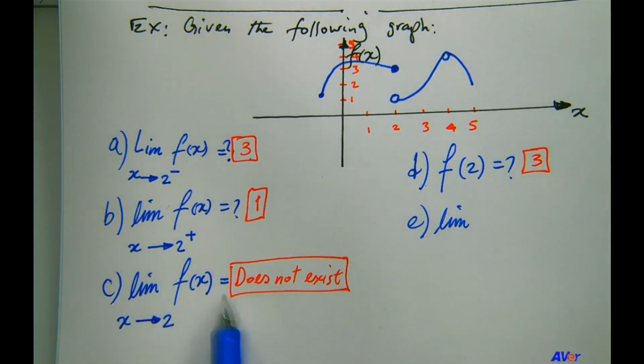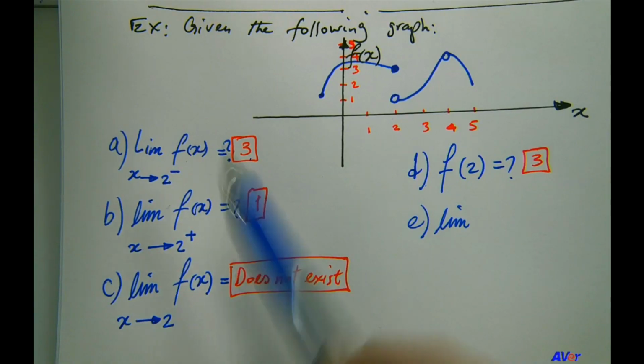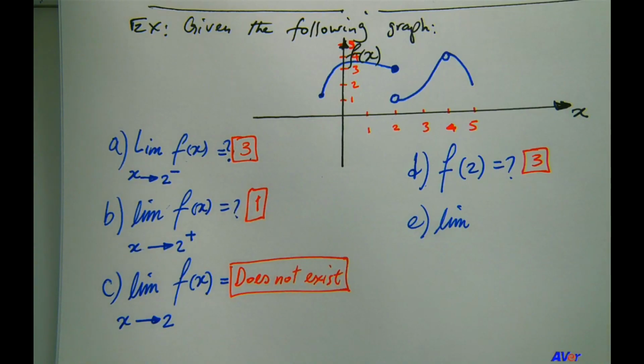So the limit of the function as x approaches 2 does not exist. The one-sided limits exist, but the limit of the entire function does not exist because the one-sided limits are not equal to each other.